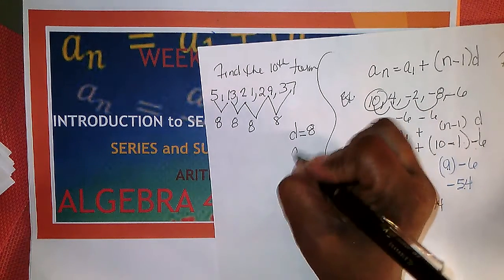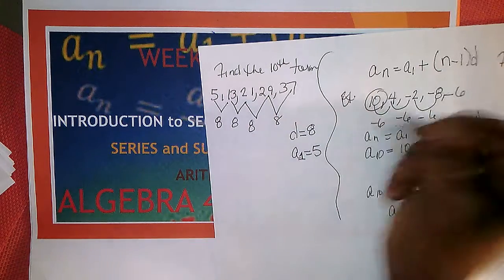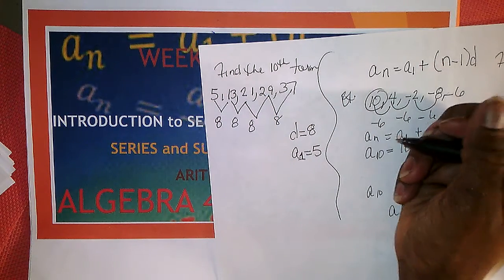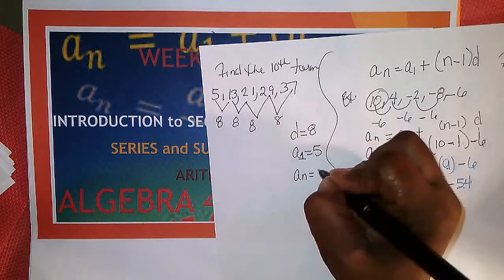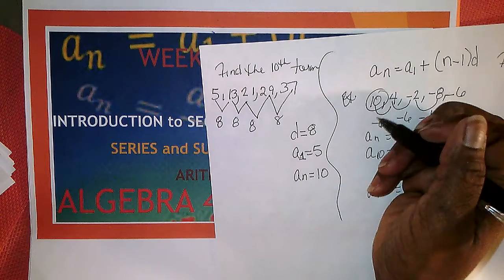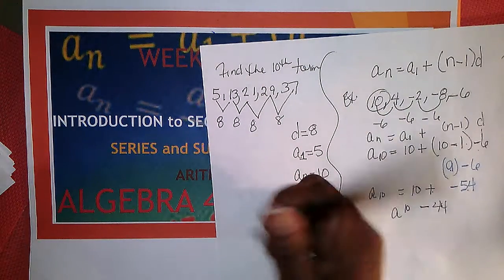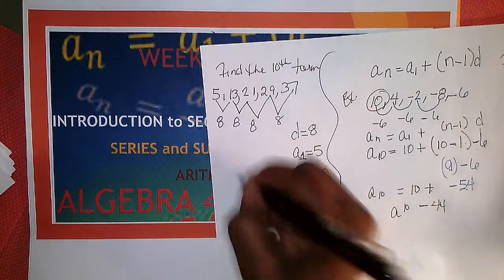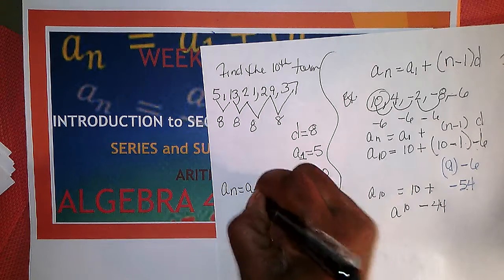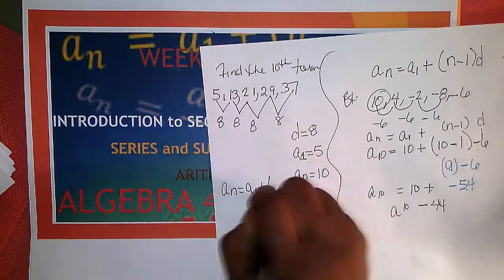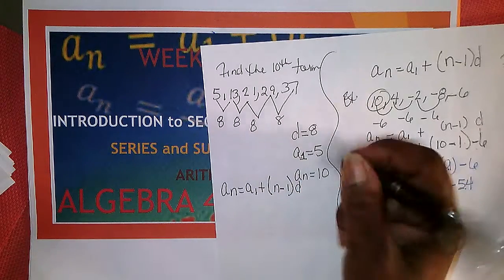We know our a_1, because that's the number that you start the sequence with, is 5. And we said we're going to go to the 10th term. So our n equals 10. And we're ready for our formula. So our formula is a_n equals a_1 plus parentheses n minus 1 multiplied by d.